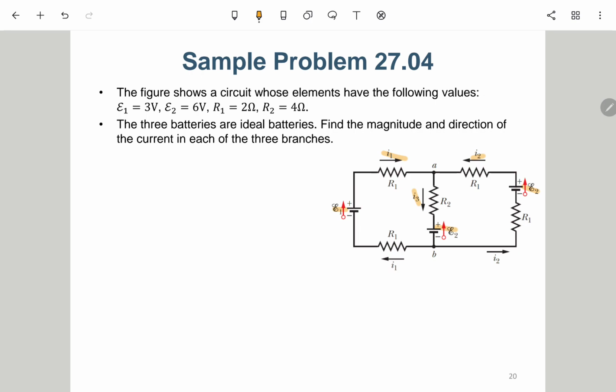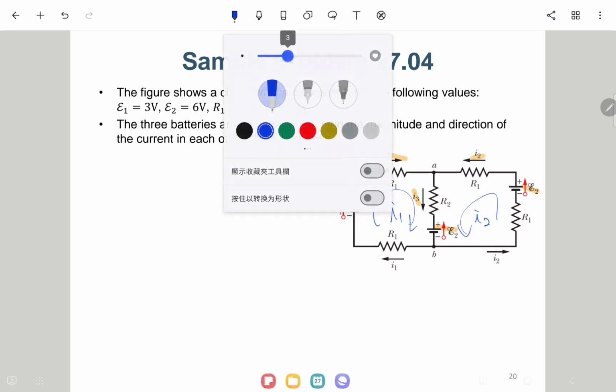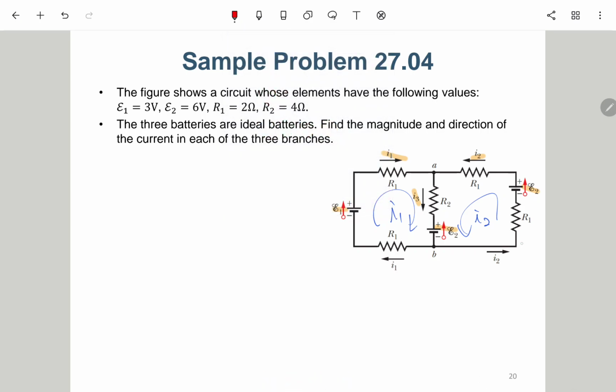Actually, we can make use of mesh analysis here, to let you become slightly familiar with mesh analysis. But of course, you can still use node analysis. Using node analysis is okay. So let me point out how to use node analysis a bit, but I won't use node analysis here.